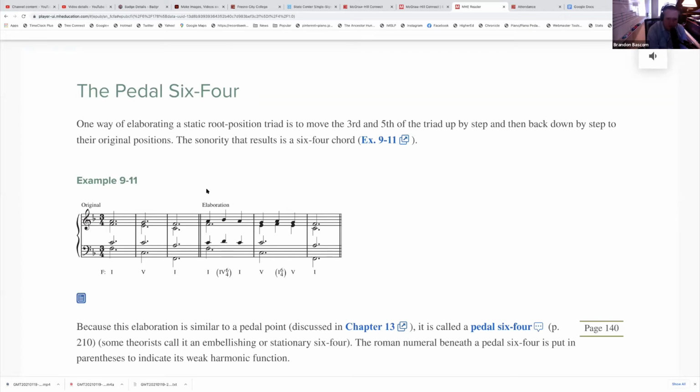The sonority that results is a 6/4 chord. Can you hear it? The original is just three chords.